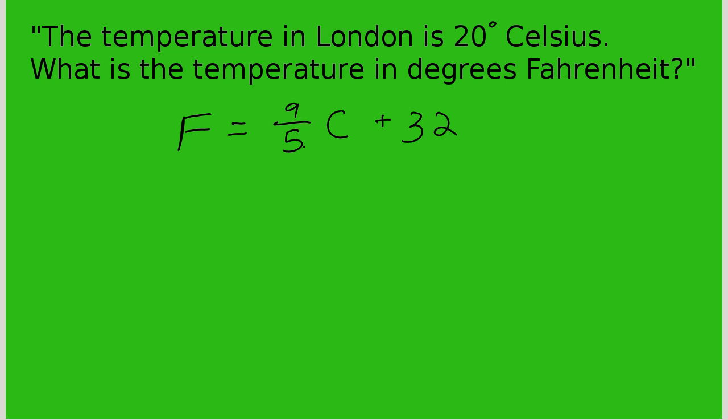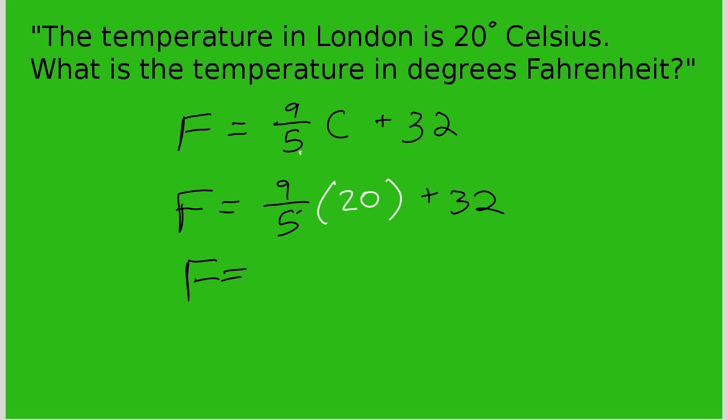So they gave us 20 degrees as the temperature in Celsius, so I'm just going to substitute in 20 for C here. So we get F = 9/5 times 20, plus 32. Okay, now we simply multiply here, do some arithmetic.